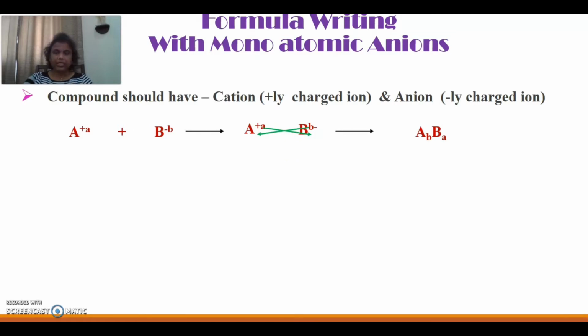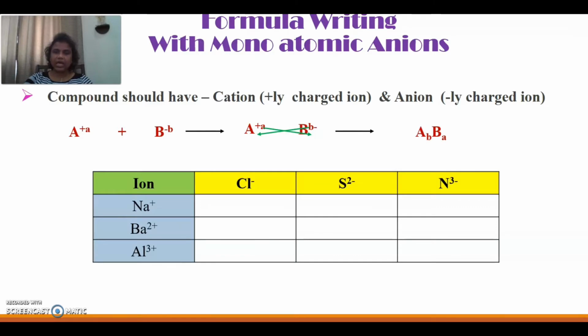Okay. Let's see with some examples. Here I have shown some cations with different charges and also some anions with different charges. If you want to make a compound between sodium and chloride, you know that sodium has one positive charge and chloride has one negative charge.